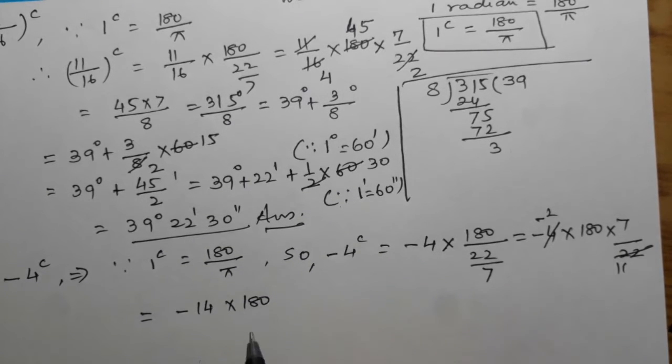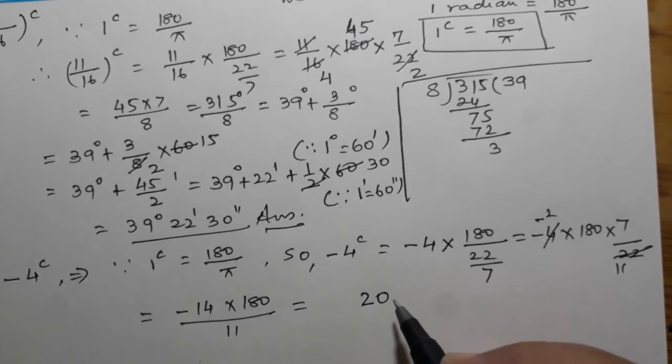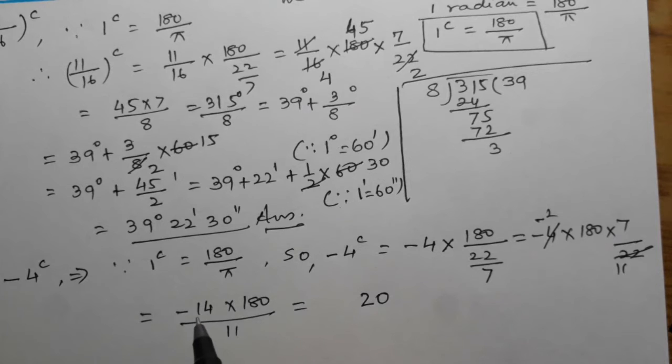So it will be by 11. 14 will be multiplied by 180, 14 into 0 is 0, 14 into 8 is 112, and 14 into 1 is 14, and 11 is 25. This will be minus 2520 by 11.